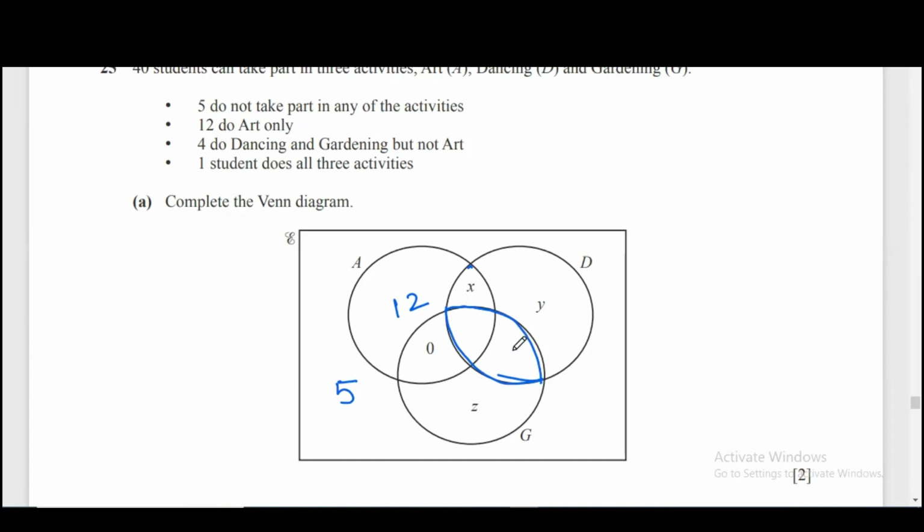So I'm going to write 4 here. 1 student does all 3 activities. This is the common region for all 3 activities, so we write 1 here. Now this Venn diagram has been completed, and inshallah, you will get 2 marks.